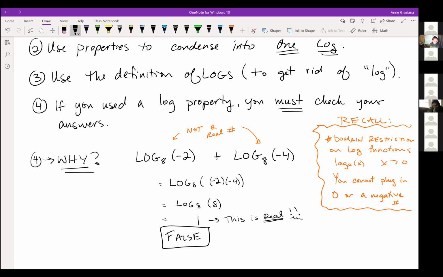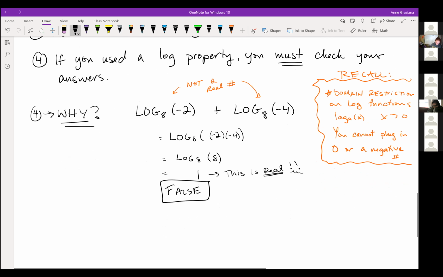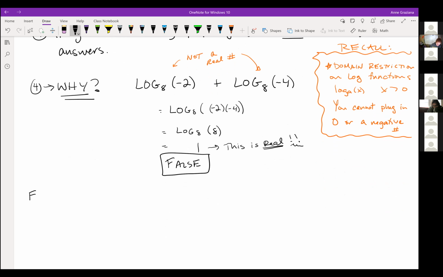And so in this first example, we're going to see that. Let's do example 1 here. Let's say you have log base 10 of x equals 1 minus log base 10 of x minus 3.